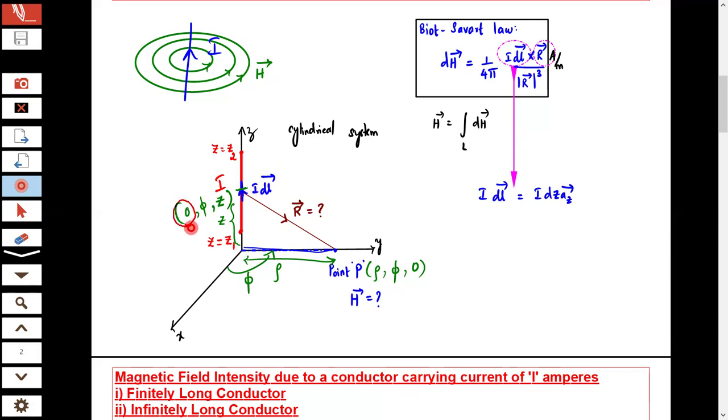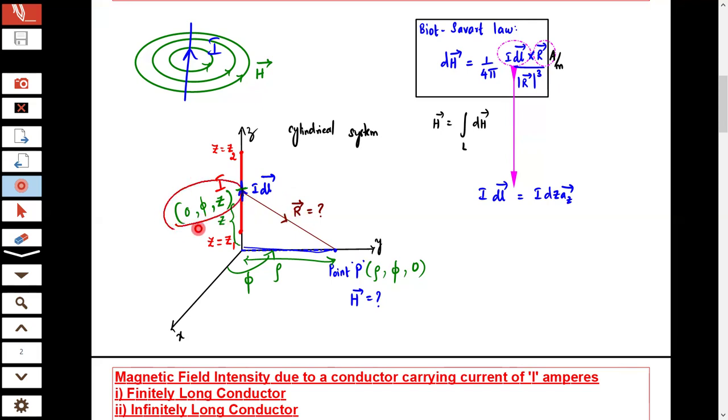And if I am finding the vector R along the plane where the line joining I dL and point P is considered, the angle of the point P and the angle of the current element should be the same. So I maintain the same angle phi, considered for point P, here for I dL also. Then this I dL is considered at a height of z from z equal to 0. So the coordinates of I dL will be 0, phi, z.